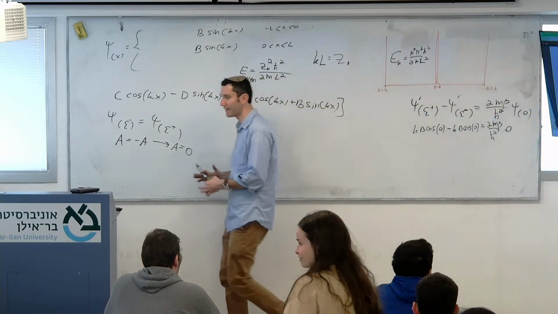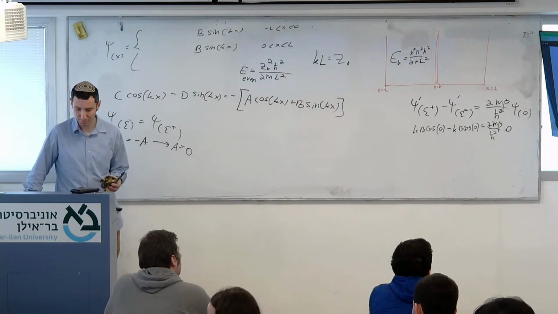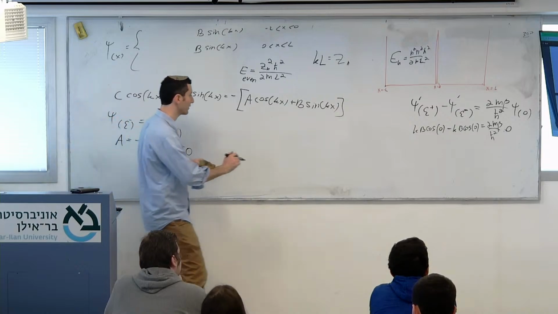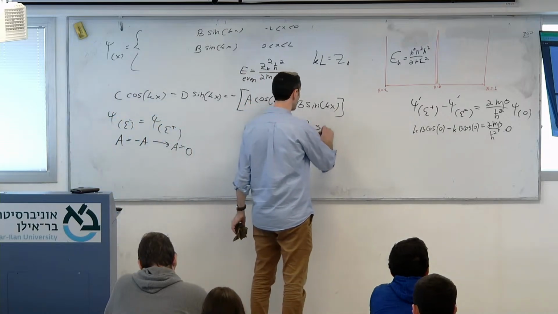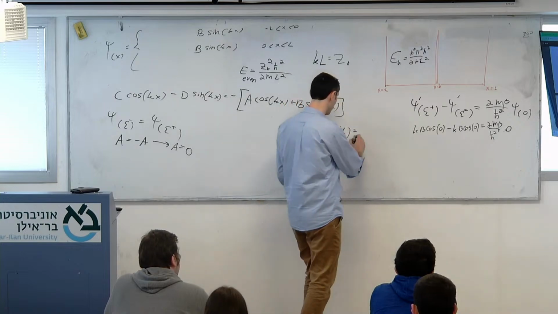I'm also good with that. All I'm left with is the boundary condition at the end. I need B sine of KL to be 0.